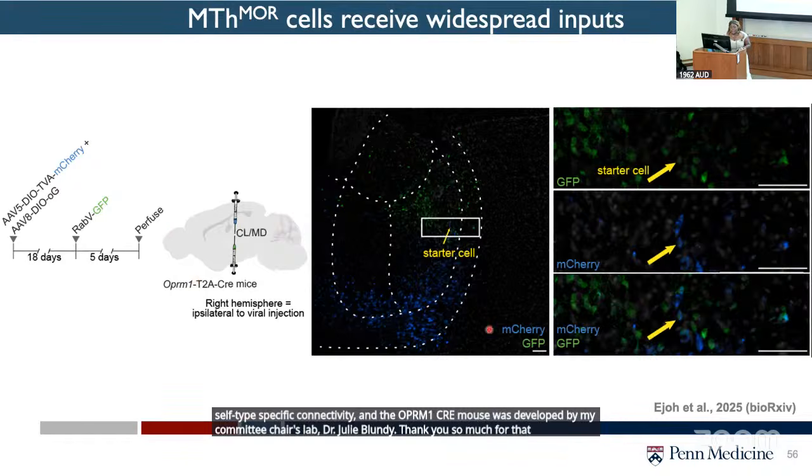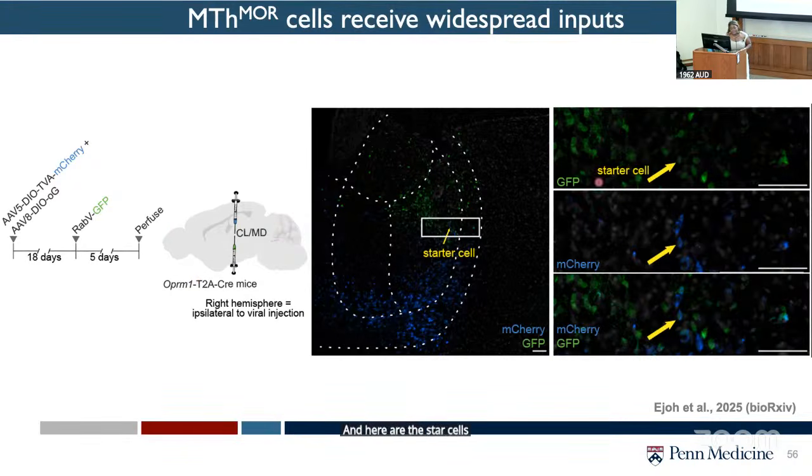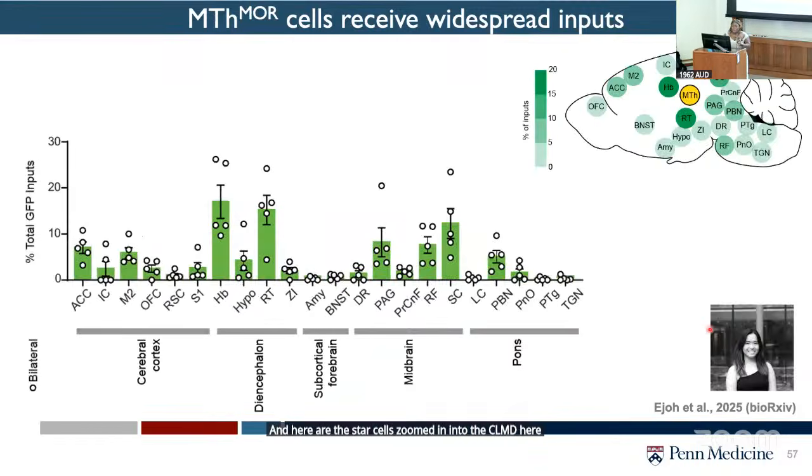And here are the starter cells zoomed in on the CLMD. We see widespread direct inputs to medial thalamic Mu-opioid receptor cells, with the largest percent of total inputs coming from the habenula, the reticular thalamus, and the superior colliculus. Then here I have a visual representation, a map showing the weighted inputs across our top 22 input regions across the whole brain.